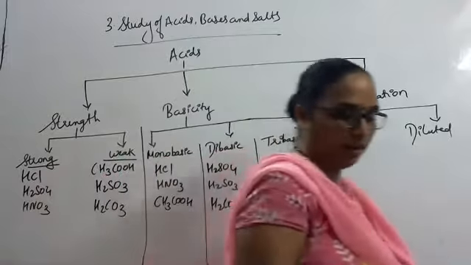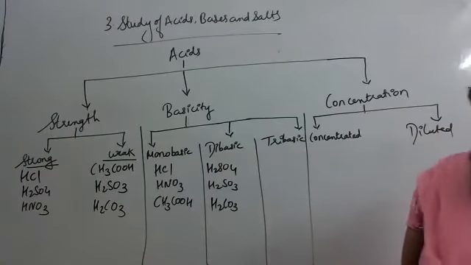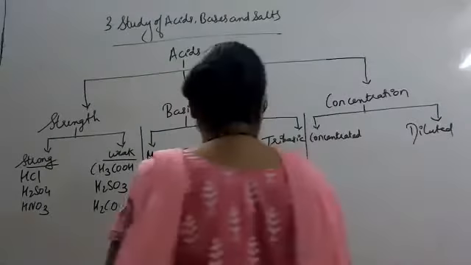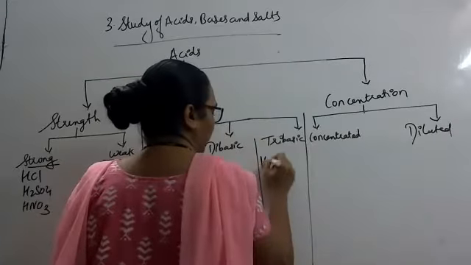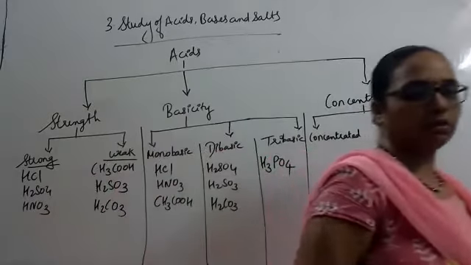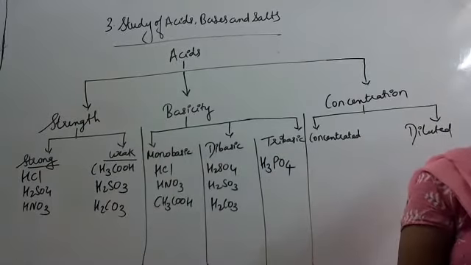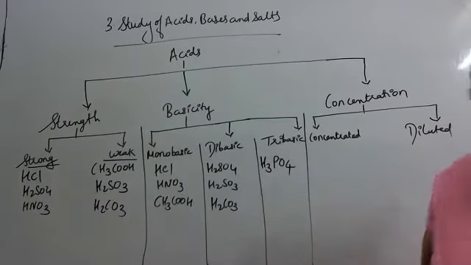Next is tribasic acid. For tribasic acid, we have only one example to study: phosphoric acid, or hydrogen phosphate. Now, concentrated acid and diluted acid.